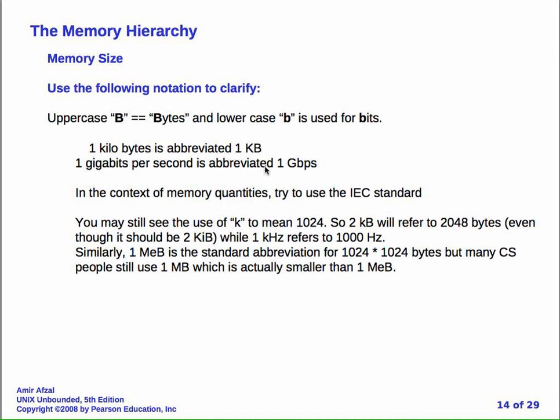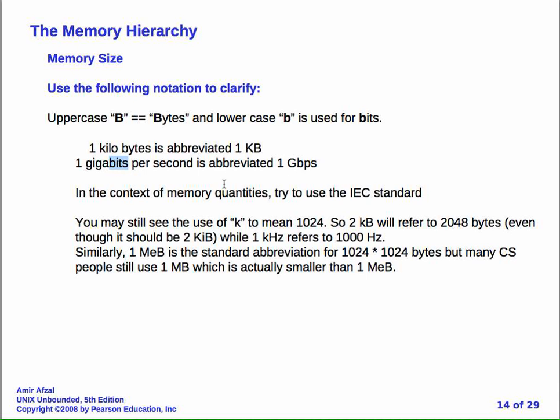On the other hand, you might have seen network connections that have 1 gigabits per second. Notice that lowercase b refers to bits, so that's gigabits per second. If you were talking gigabytes per second, it would be a different unit of speed.